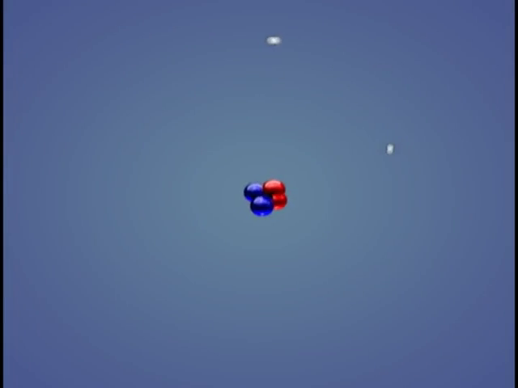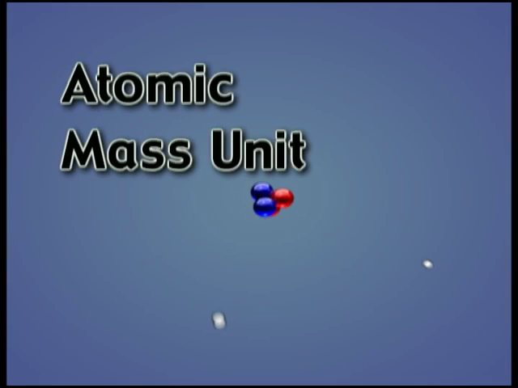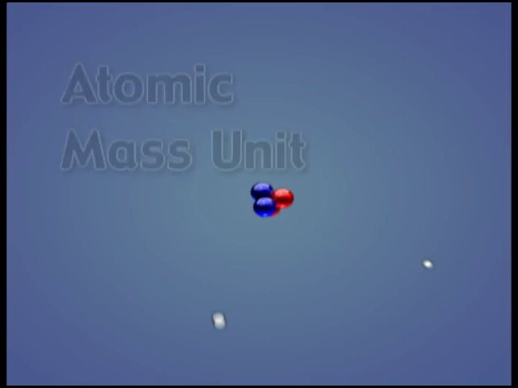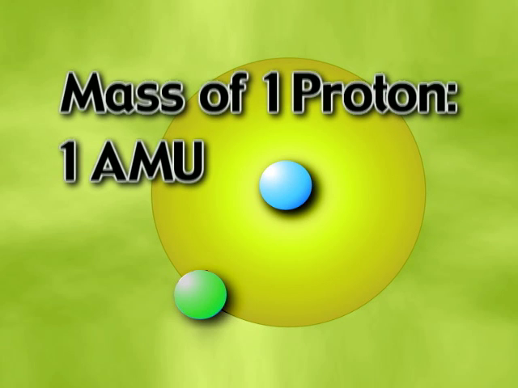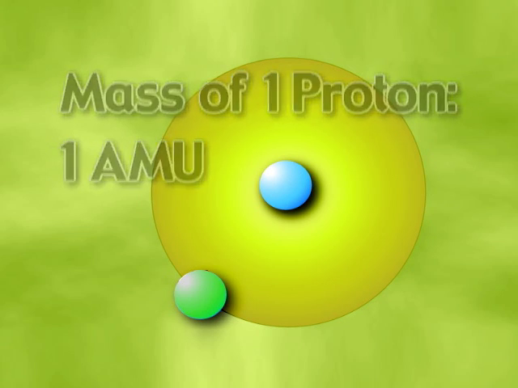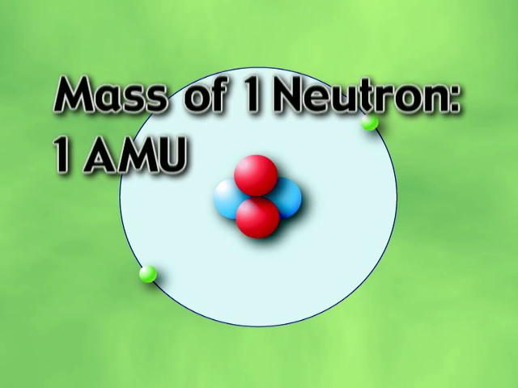Because the masses of subatomic particles are so small, scientists assign a special unit called an atomic mass unit to measure their mass. The mass of a single proton is 1 atomic mass unit, or 1 AMU. Even though neutrons are slightly more massive than protons, they too have a mass of 1 atomic mass unit.